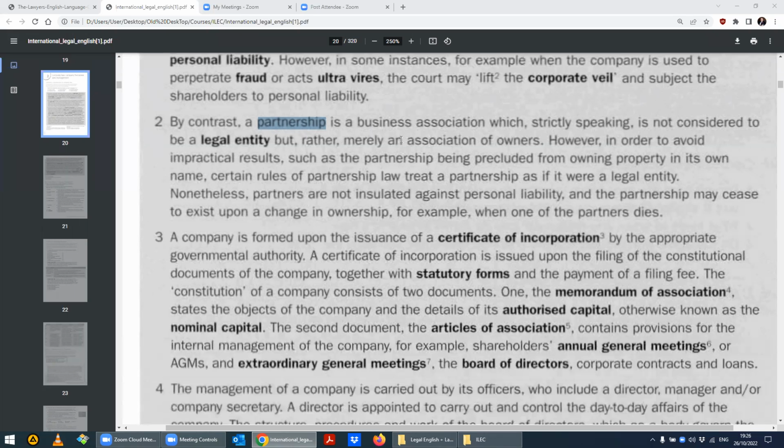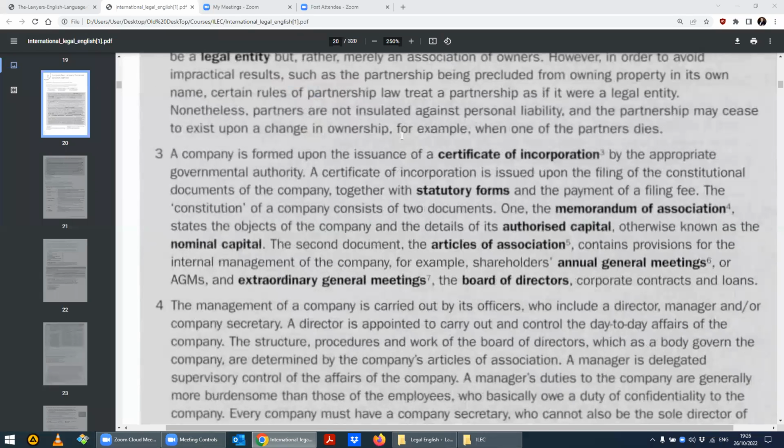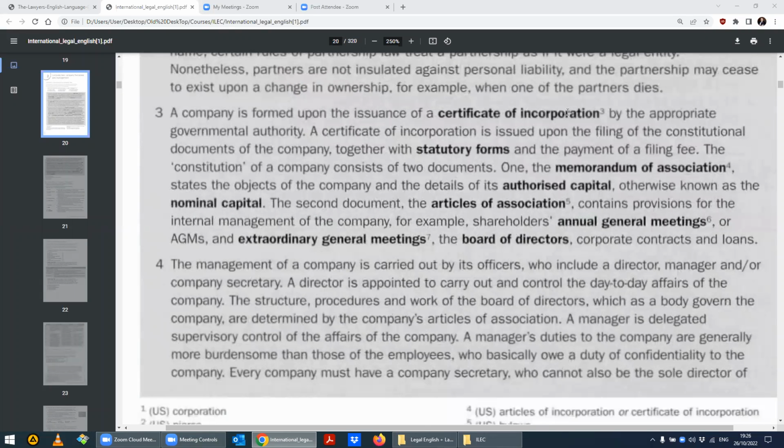Right. Now, in the West, everywhere outside Eastern Europe, basically, companies are formed by applying to the National Registry of Companies in whichever country you're in. And there will be 2 documents forming the constitution of the company.